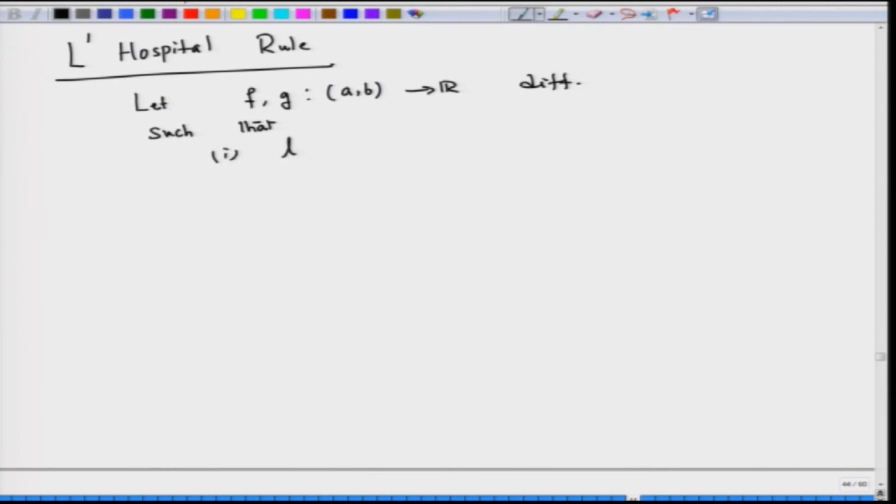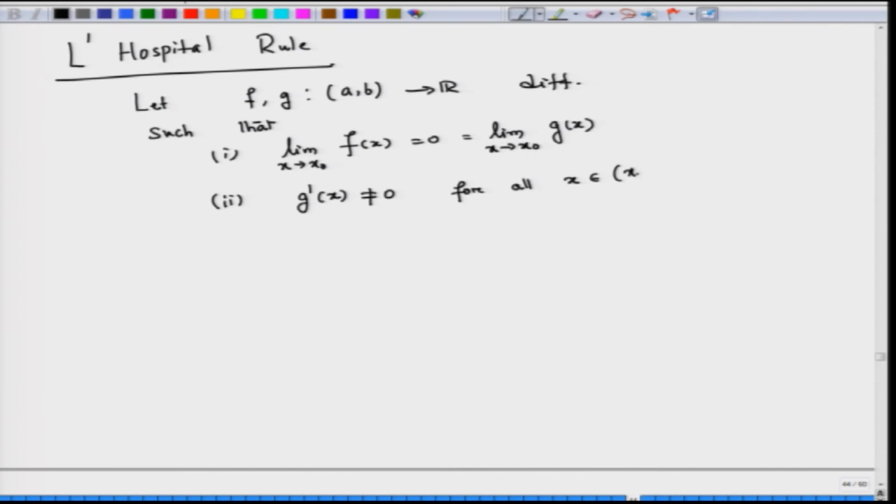the first condition: limit x goes to x naught of f of x is equal to 0, which is equal to limit x goes to x naught of g of x. And then the second condition: g prime of x is not equal to 0 for all x belonging to (x naught, x naught plus delta) for some delta positive.